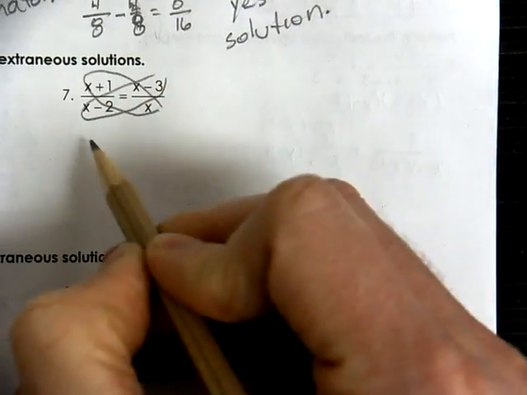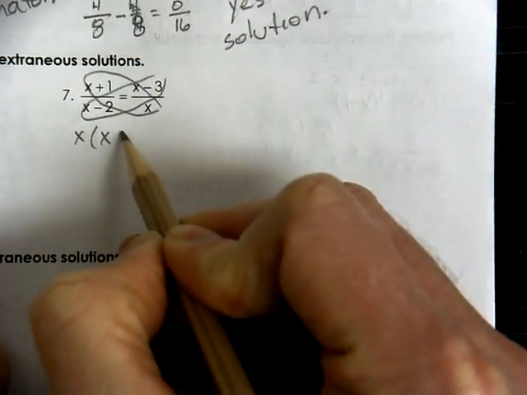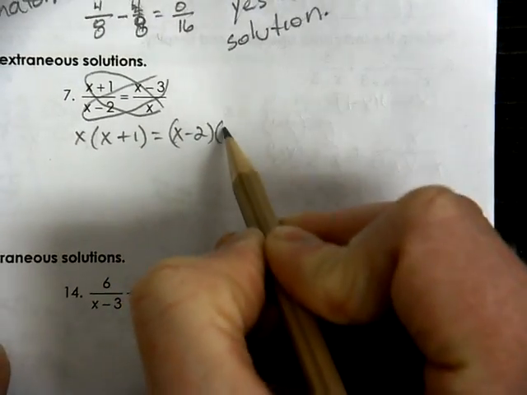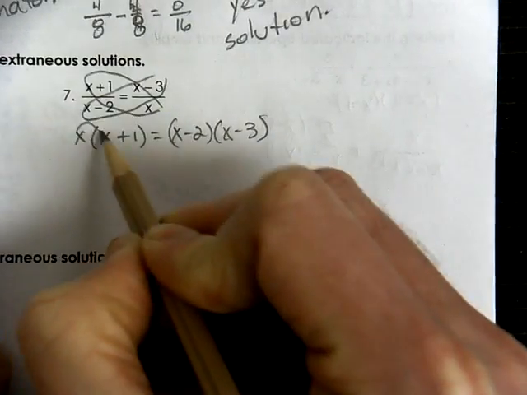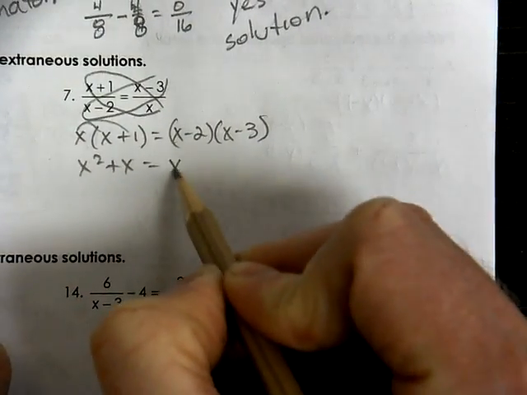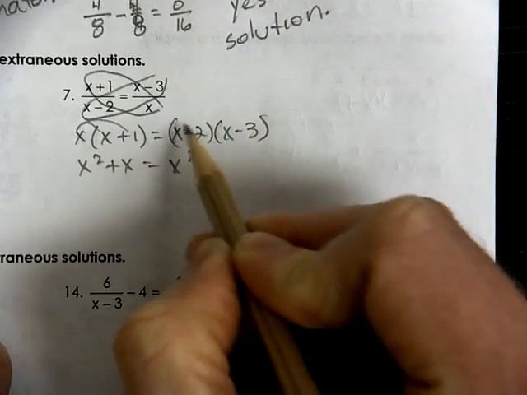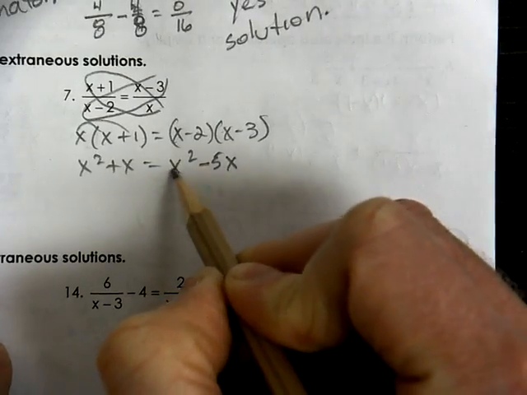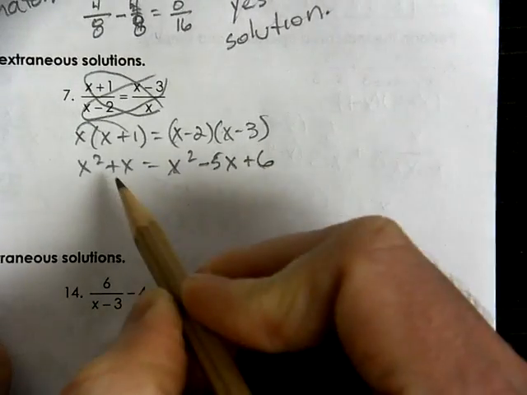Cross multiply. Distribute. -3 and -2 is -5x, positive 6.